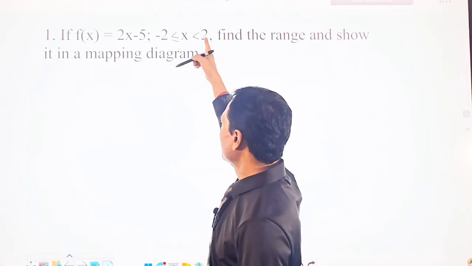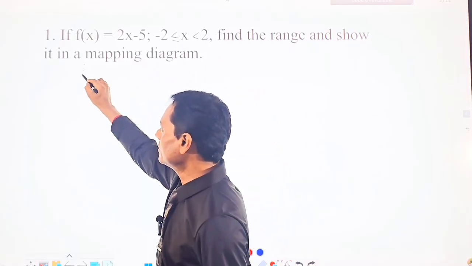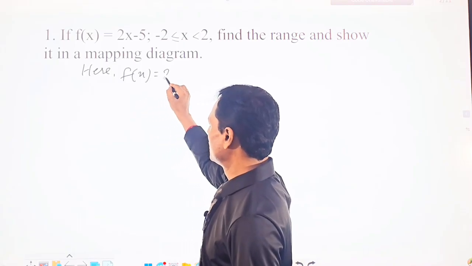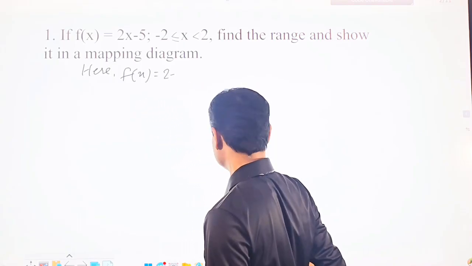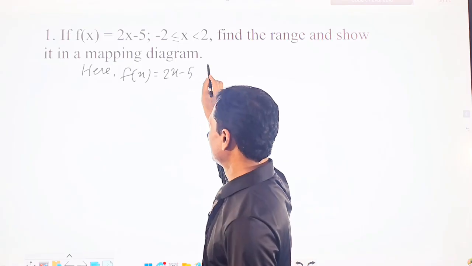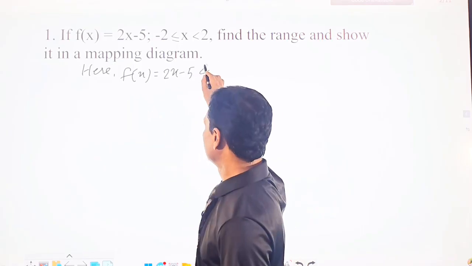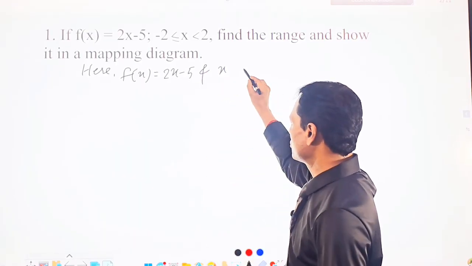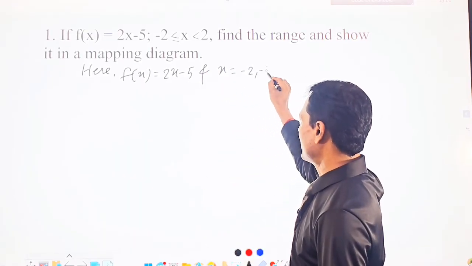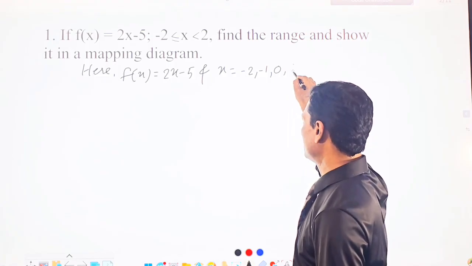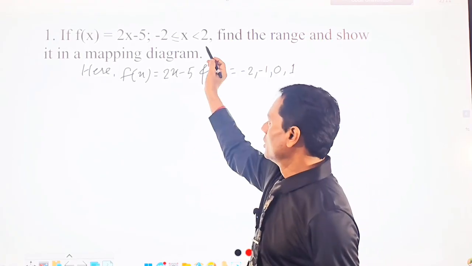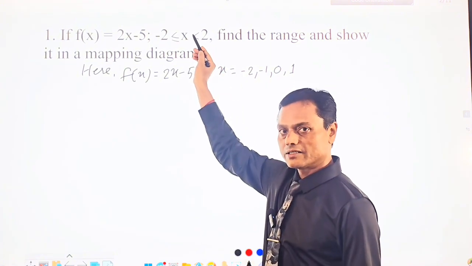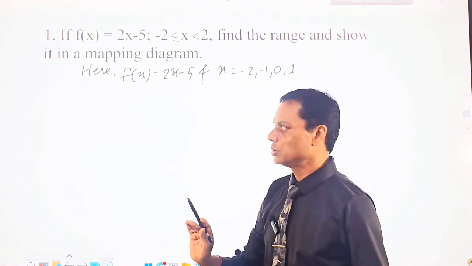We can write here f(x) equals 2x minus 5, right? And the values of x will be minus 2, minus 1, 0 and 1 only. Yes, I think all of you know the meaning of this sign, that is less than 2. Okay, that's not 2.